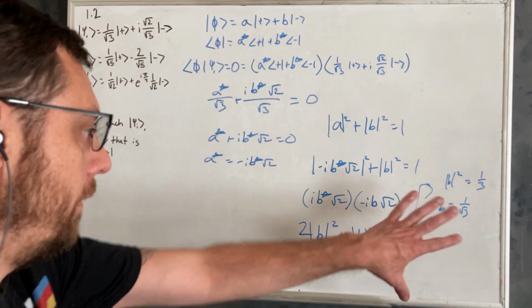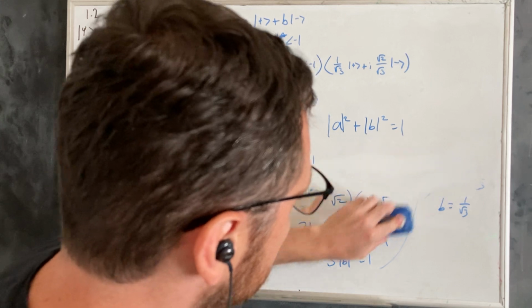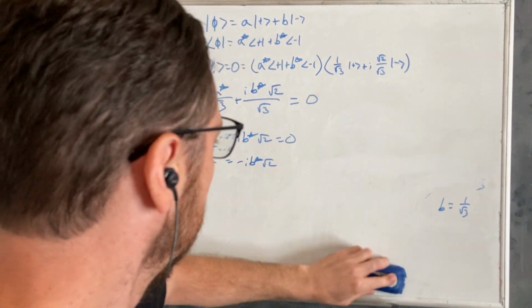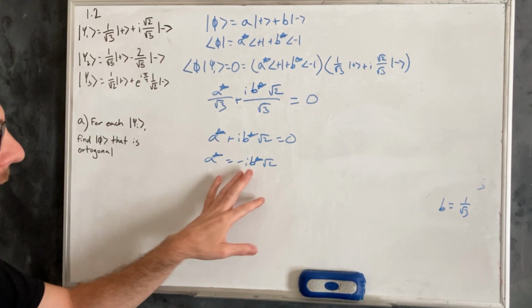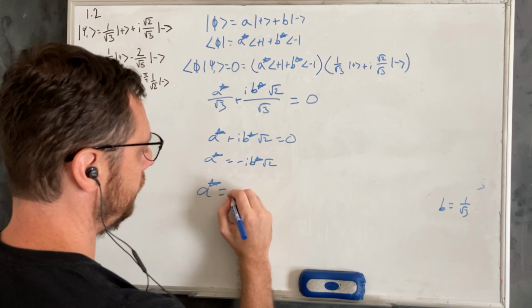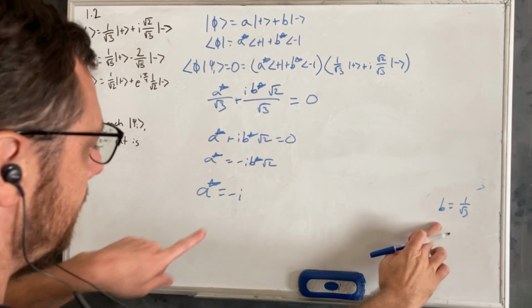Okay, so now that we have b is equal to 1 over root 3, now we can find a, because now we can just come back here. If we know that b is 1 over root 3, then a star is equal to negative I. And now this is b, and this is b star.